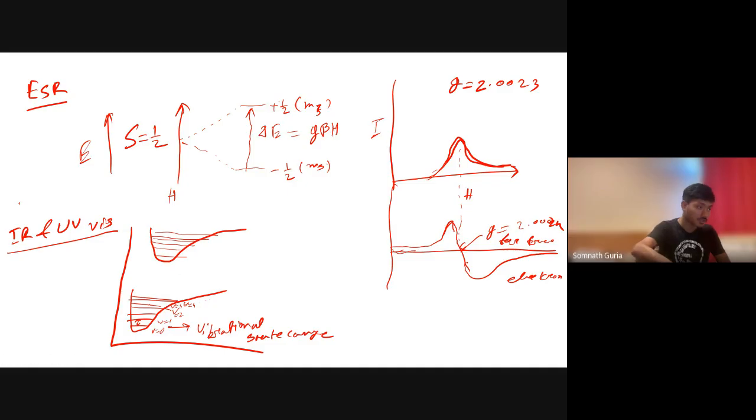And the state change from here to here is called electronic state change. This is happening in the UV-Vis region, and this happens in the microwave region.